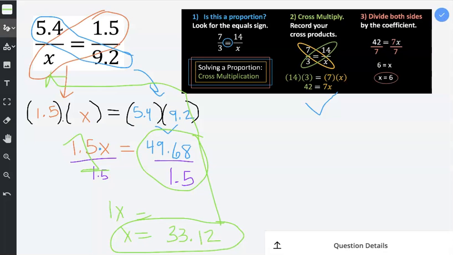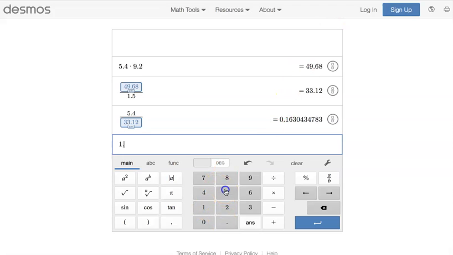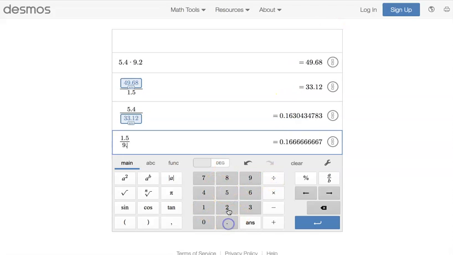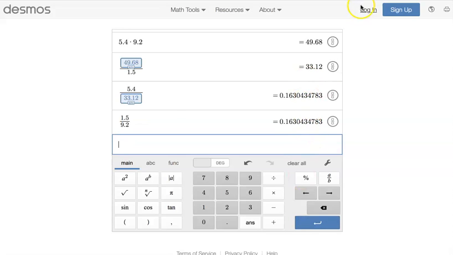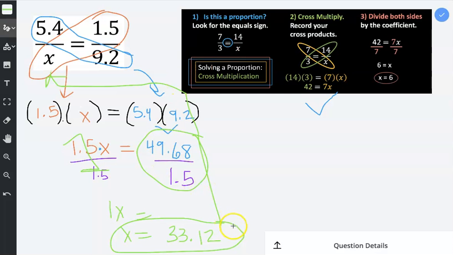And then that should be the same as 1.5 divided by 9.2. They're the same. So that's a way that you can check your work. We just checked our work, and we found that 33.12 is the solution. X does equal 33.12.